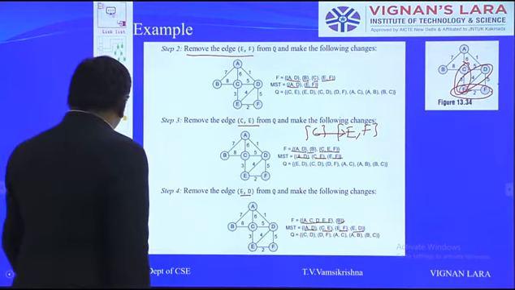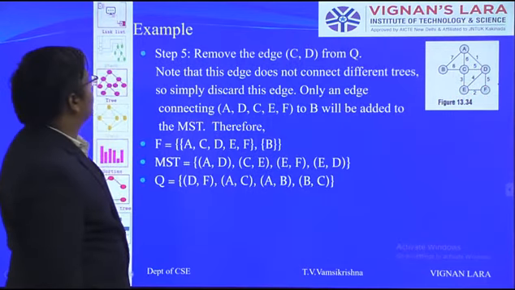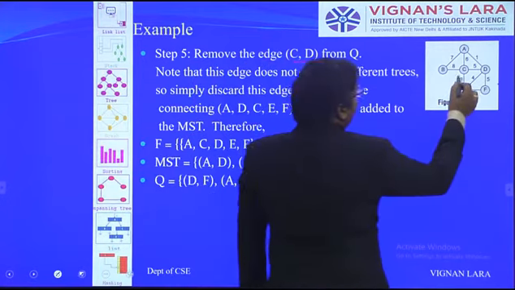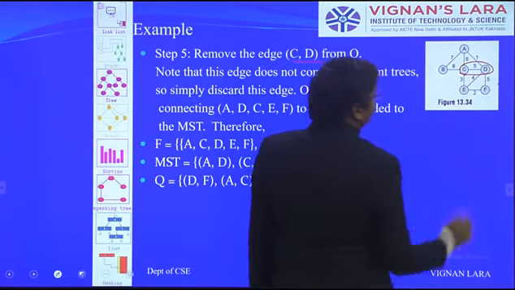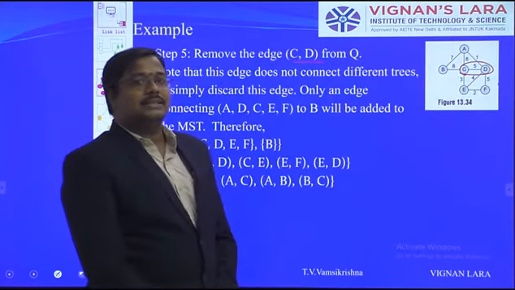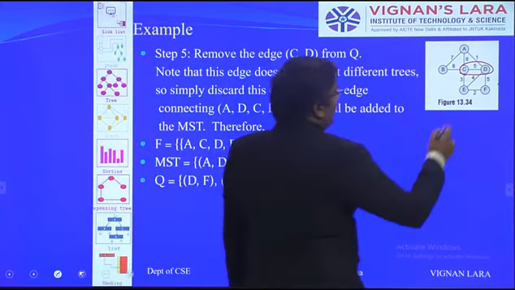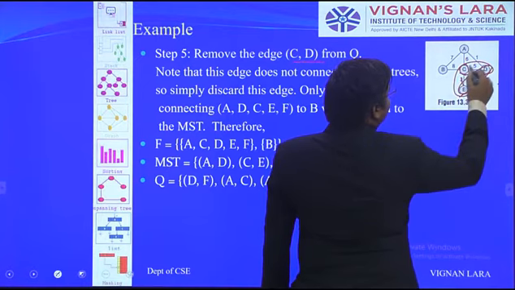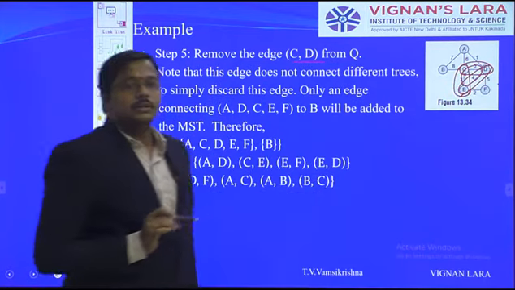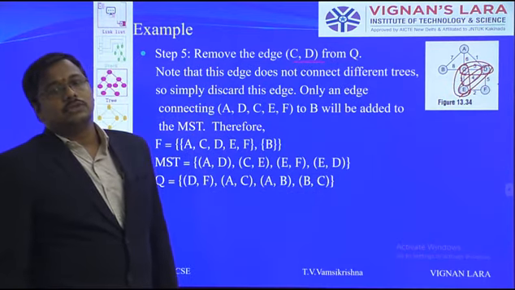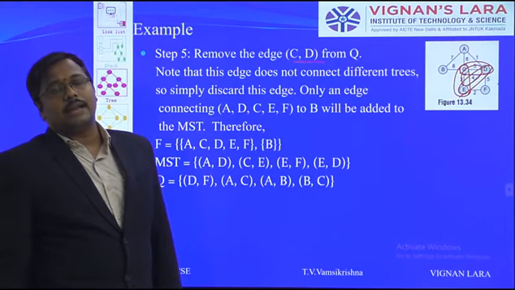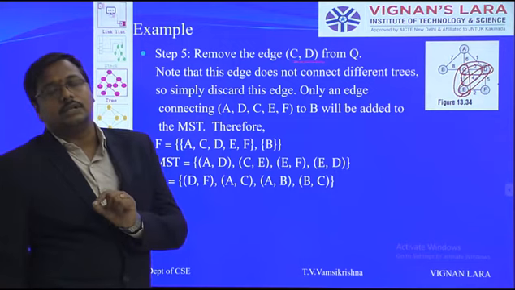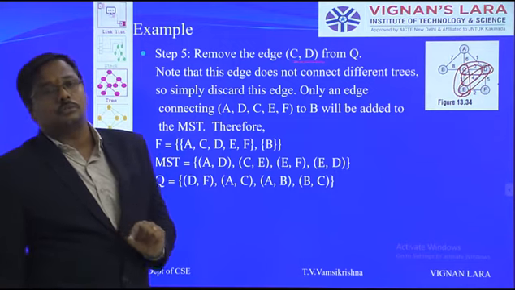Next we want to select one more edge. C comma D, whenever we are selecting this edge, so the C comma D edge is selected. Already we selected EC and ED, which means it is a cycle. The minimal spanning tree condition is that whenever we select an edge, a cycle should not be formed.